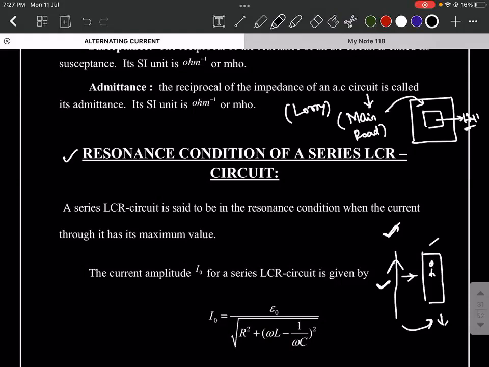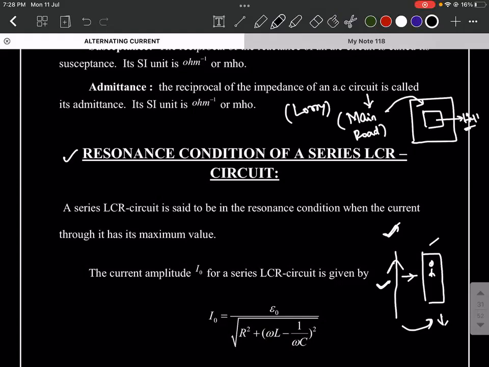I have to come back to the book definition of resonance: matching the force frequency to the natural frequency of something. When you match the force frequency to the natural frequency, the object which is forced will start vibrating with maximum amplitude. So whenever there is a condition of resonance, the object vibrates with the highest amplitude possible.